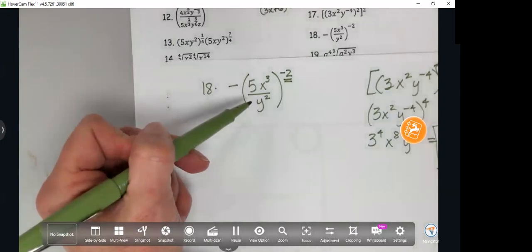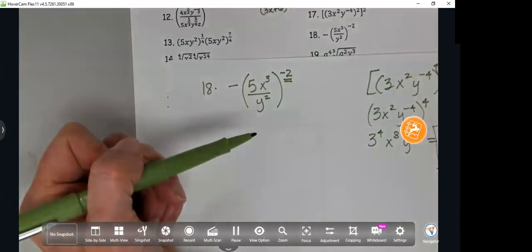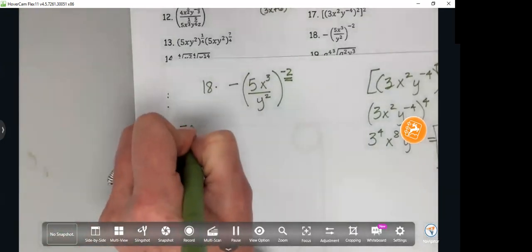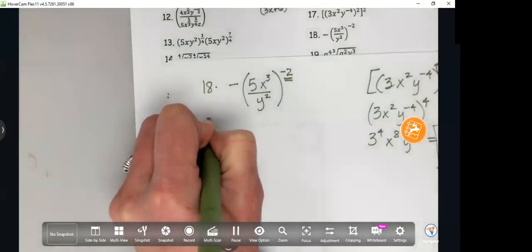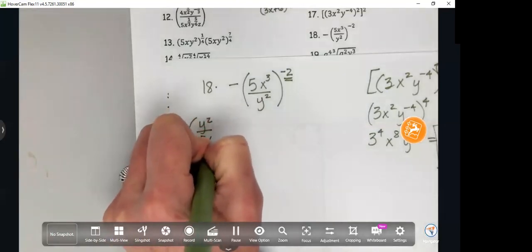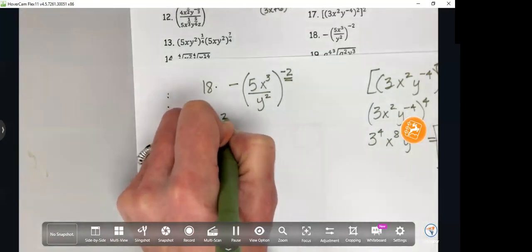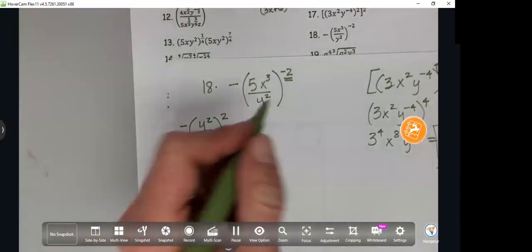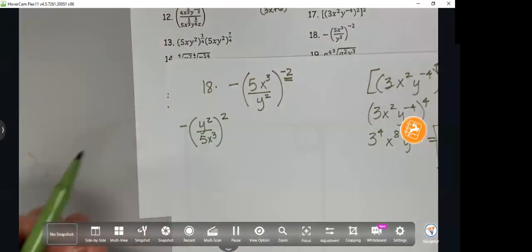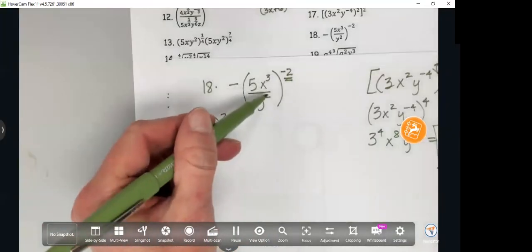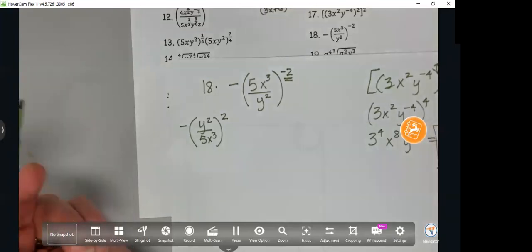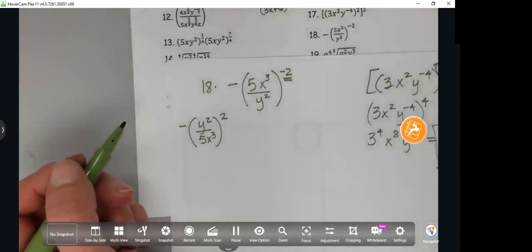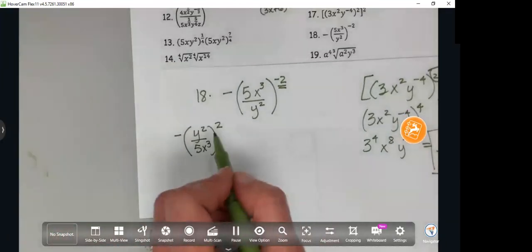I can go ahead and flip it and take that negative away. So I could just go ahead and say y squared 5x cubed to the positive 2 and work it that way. I can go ahead and distribute that negative, because if I have negative exponents in here, then it's going to change it to positive. So there's lots of rules of thought on that.